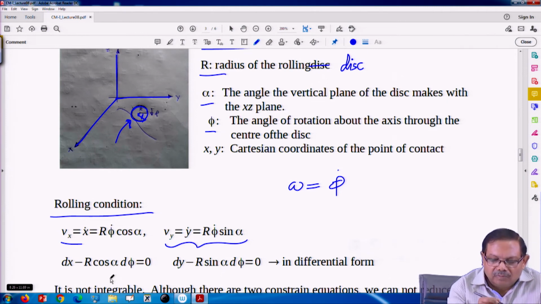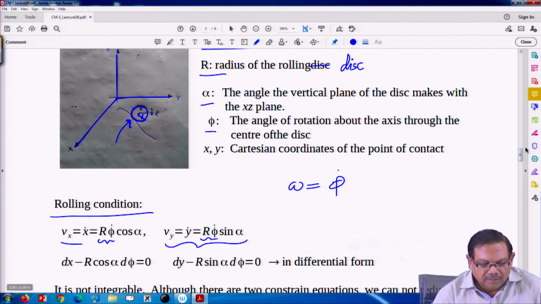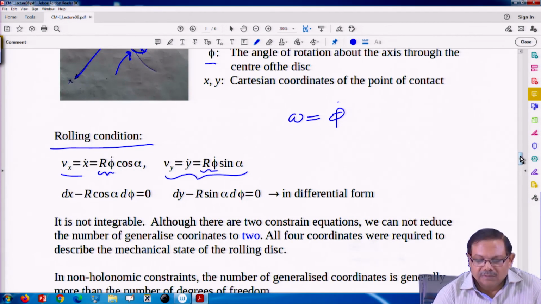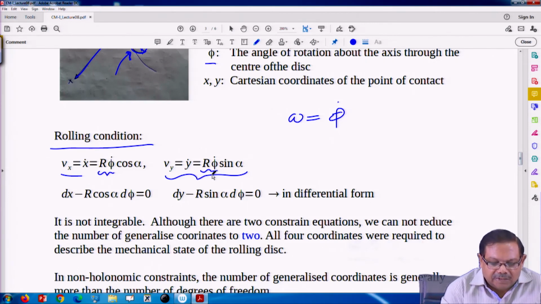So, if it is moving along the curve, as it is rolling, its velocity is r omega, that is r phi dot, and now it is making some angle with the xz plane. So, cos alpha and sin alpha have come. So, x dot is r phi dot cos alpha and y dot is r phi dot sin alpha.